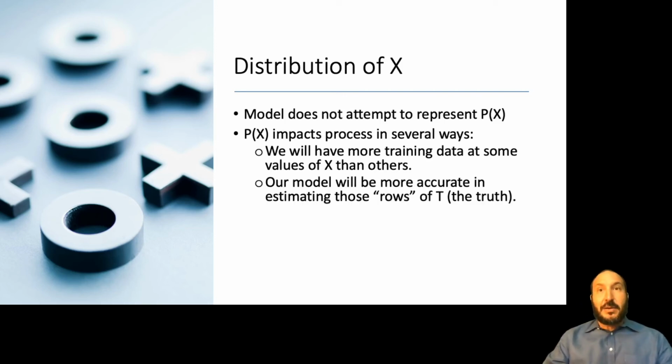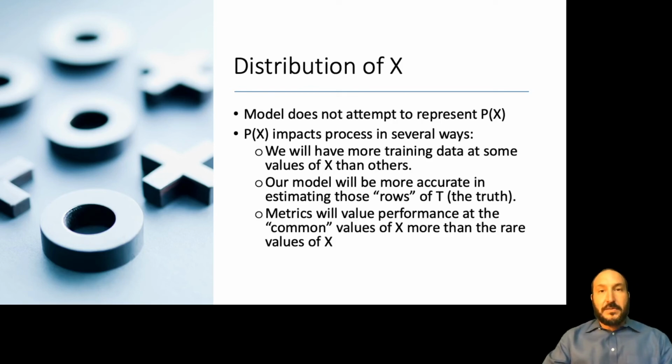And what that means is our model is going to be more accurate in estimating the predictions for the older patients versus the younger patients. To put it in more mathematical terms, those rows of T is the truth, and we have corresponding rows in Q that we're trying to estimate. Our estimates of certain rows are going to be more accurate because we have more data about them.